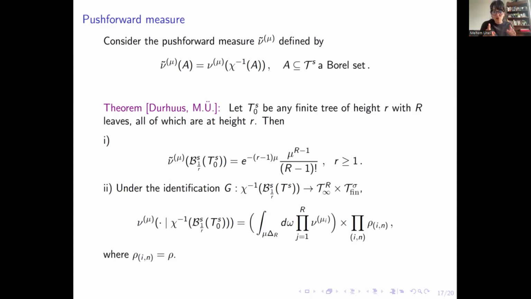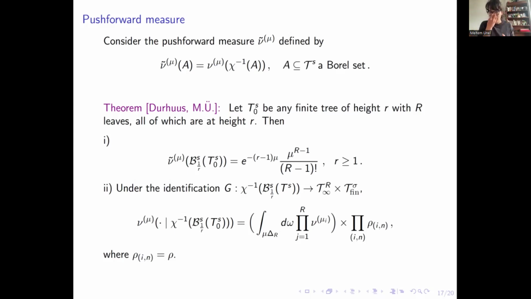Here, if I do the same thing, I can look at the push forward measure under this map of mu, defined in the classical way as the push forward measure is defined. That is going to give me the spine trees; I want to get some information about the trees on which this push forward measure is supported.